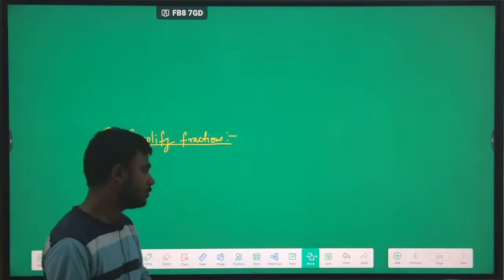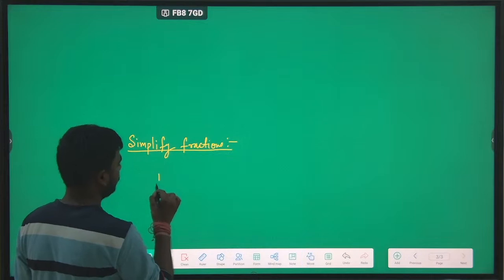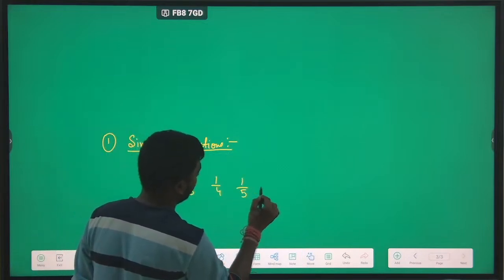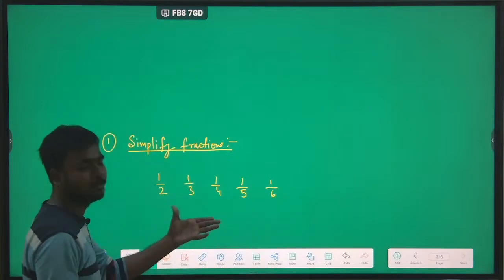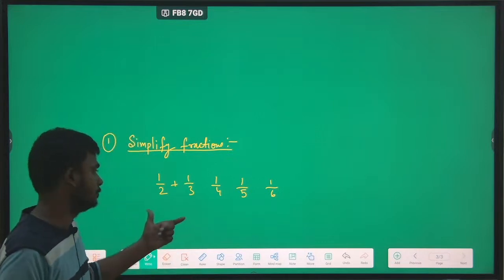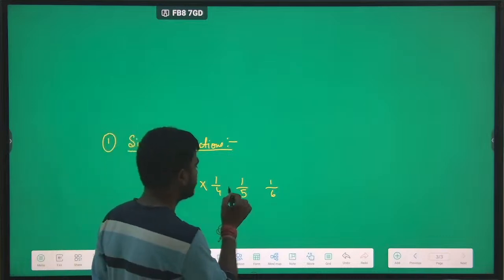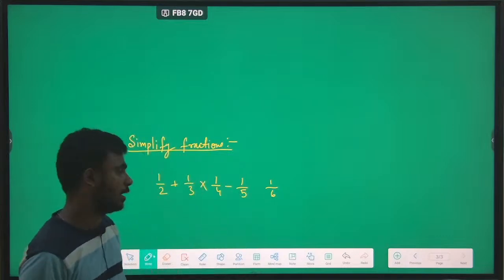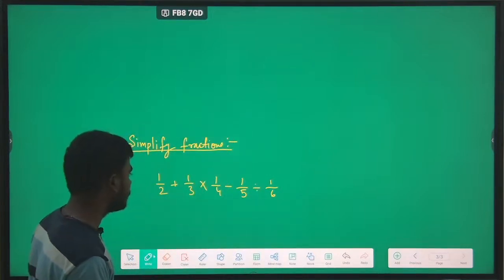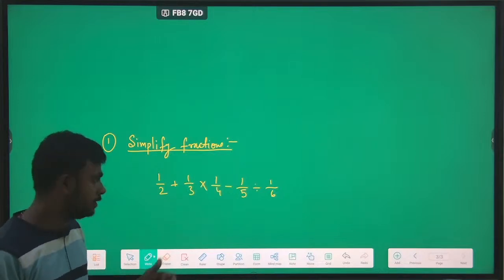Let us suppose that we are given 1 by 2, 1 by 3, 1 by 4, 1 by 5 and 1 by 6. So these are our 5 fractions. In the first part we have to add. In the second part we have to multiply. In the third part we have to subtract, and in the fourth part we have to divide. So we have to simplify these fractions under these operations.